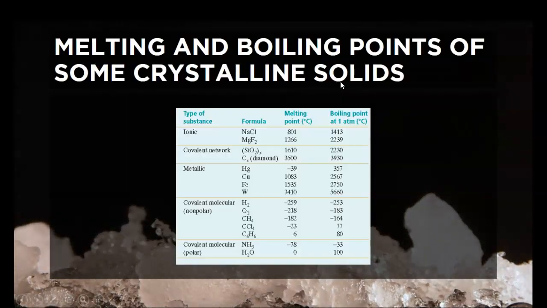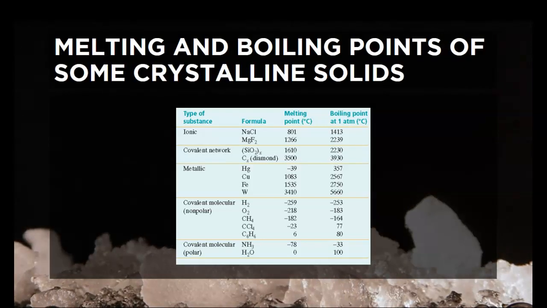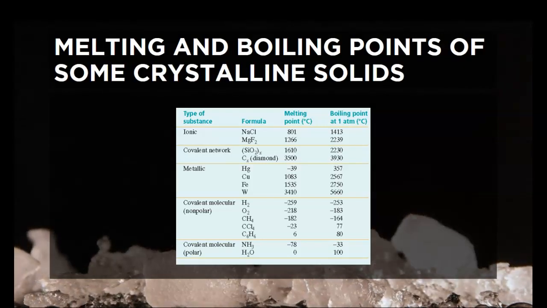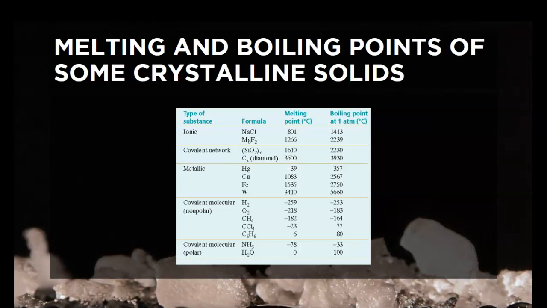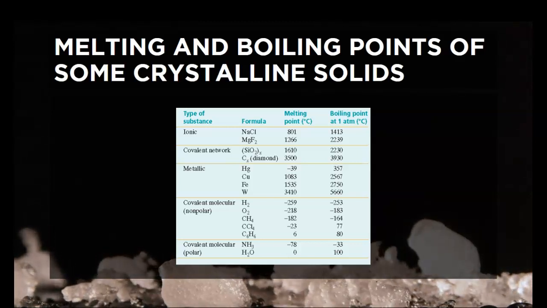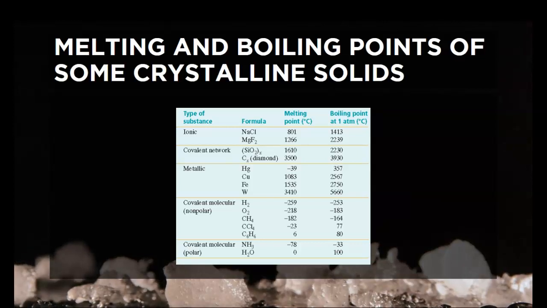If you remember our lab where we tested different ionic and covalent compounds, we could get maybe 4 to melt, but at some point, the 5th and 6th ones would not melt. They had too high of a melting point. And you can see, sodium chloride and magnesium fluoride have very, very high melting points, obviously very high boiling points.